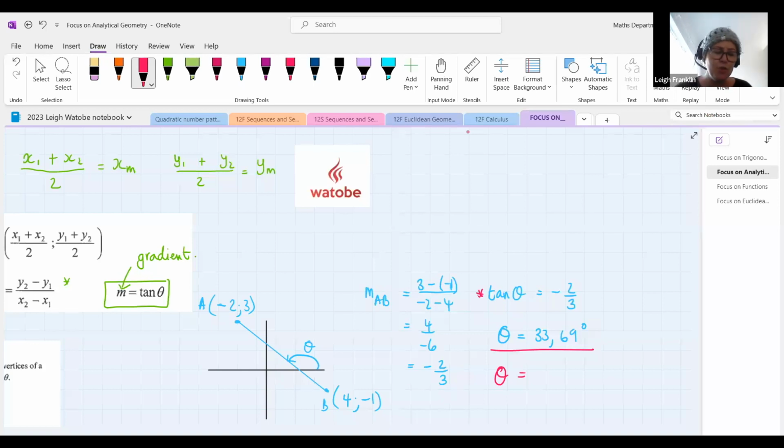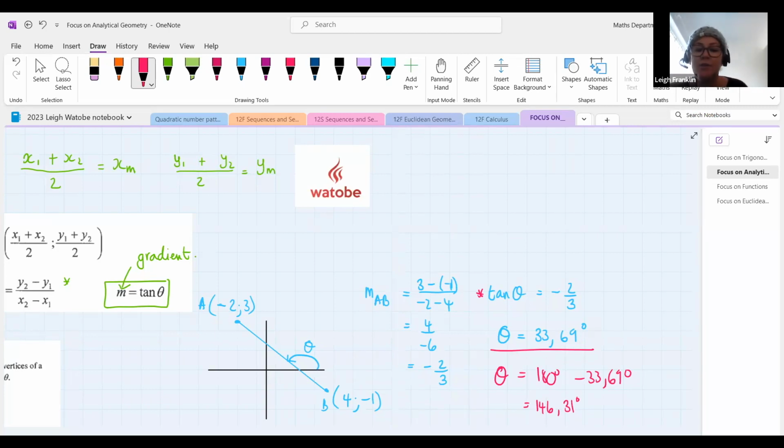Then some students say theta is equal to 180 minus 33,69, and then they write down the correct answer after this, which would be 146,31 for argument's sake. So this is one of the places where we end up writing something and being penalized for our answer.